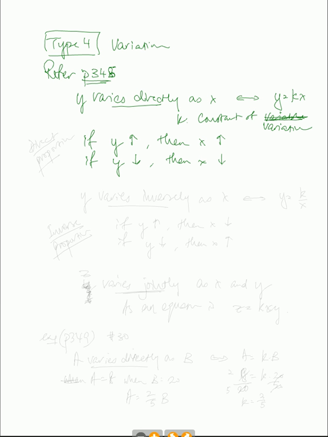Okay, the other one that you need to consider is what happens if we say y varies inversely as x. As an equation, that's when you say y equals k over x. And inversely just means if y increases, then x decreases, just as if y decreases, then x has to increase.